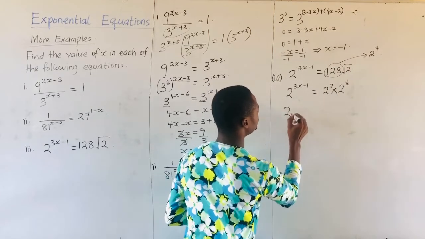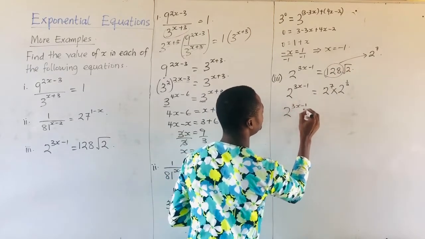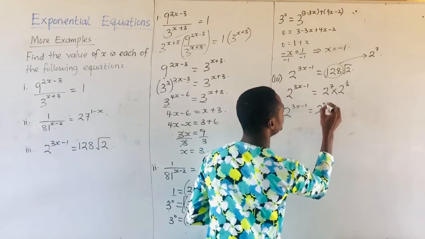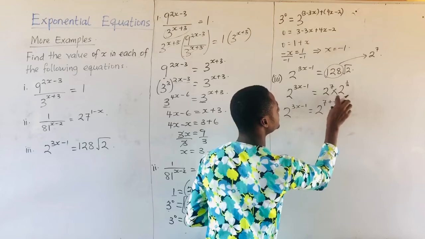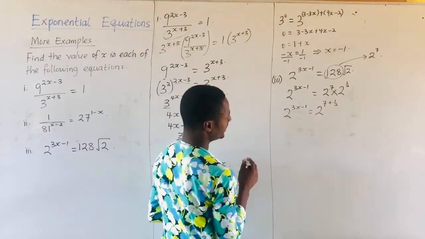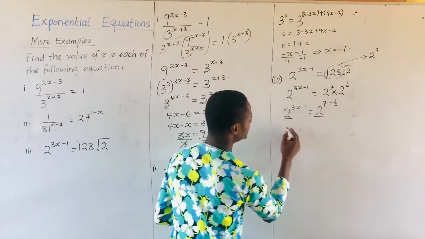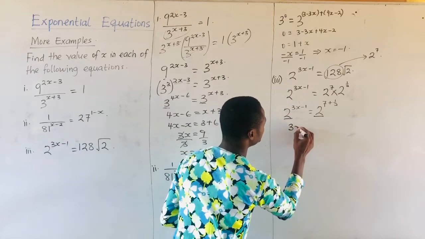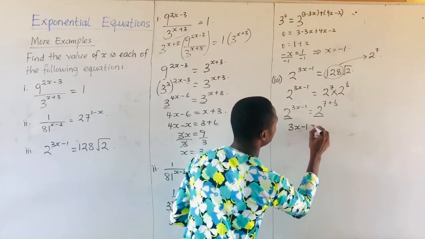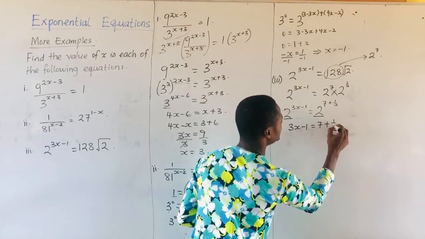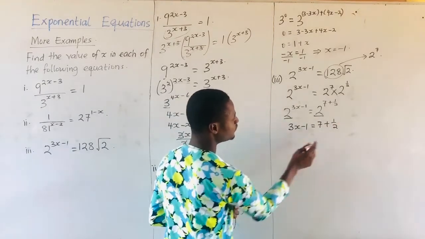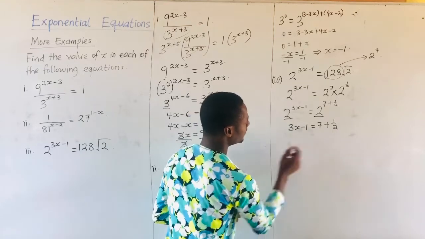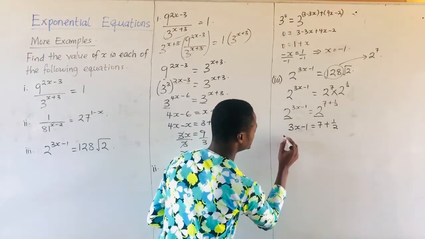And we will have 2 raised to the power 3x minus 1 is equal to 2 raised to the power 7 plus half. The bases are the same and they are multiplying. Now, since we have the same base, we can equate the exponents as 3x minus 1 equal to 7 plus half. This is an equation involving fraction, and we multiply through by the LCM of the fractions, which in this case is 2.